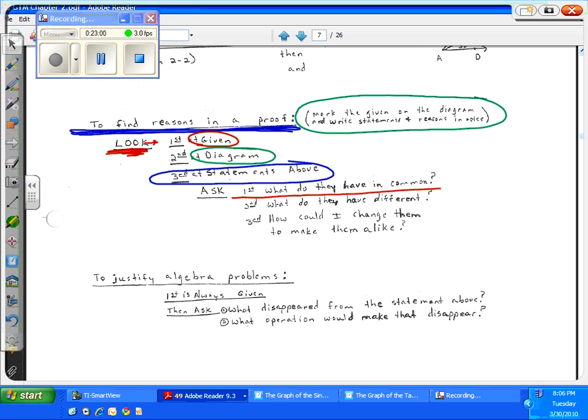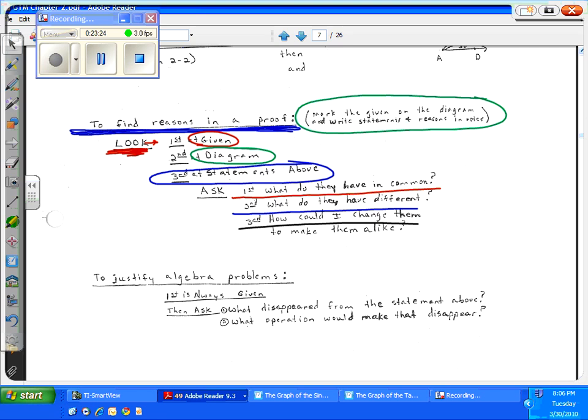We're going to ask ourselves, well, what do they have in common? Just like a while ago when we did a substitution, I highlighted in green that the second part of the given looked almost like the conclusion. The only difference was there's an angle 2 where the angle 1 was. Okay, and so we said, hey, that's a substitution. We figured that out pretty quickly by comparing. So we want to know, what do they have in common?